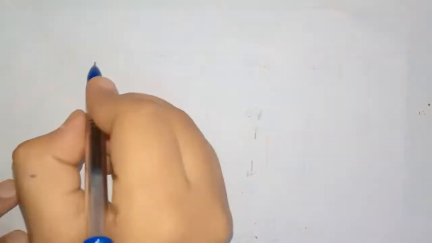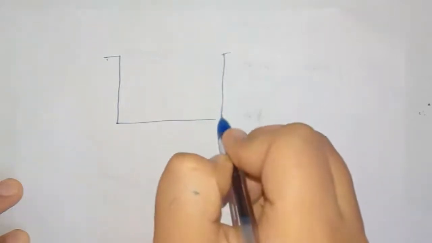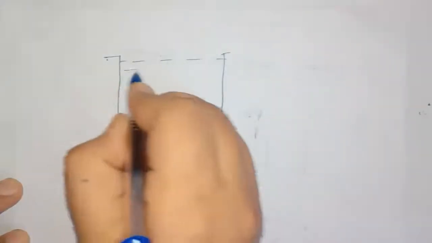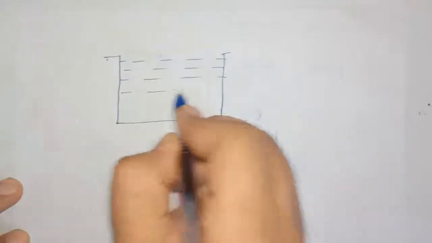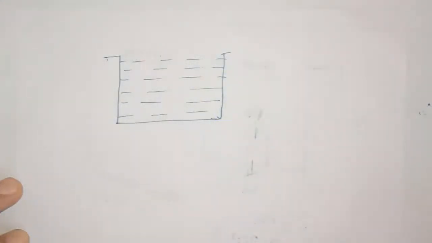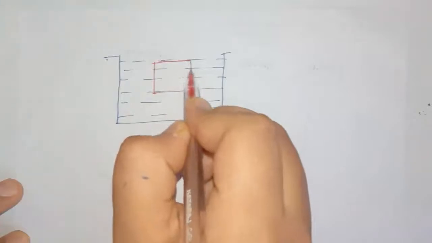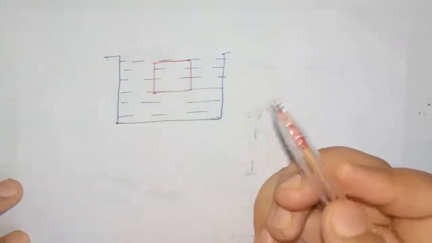Now let us see the third case, that is the case of submerge. Submerge means the body will just float below the surface of water. So it will float like this, just below the surface of water.